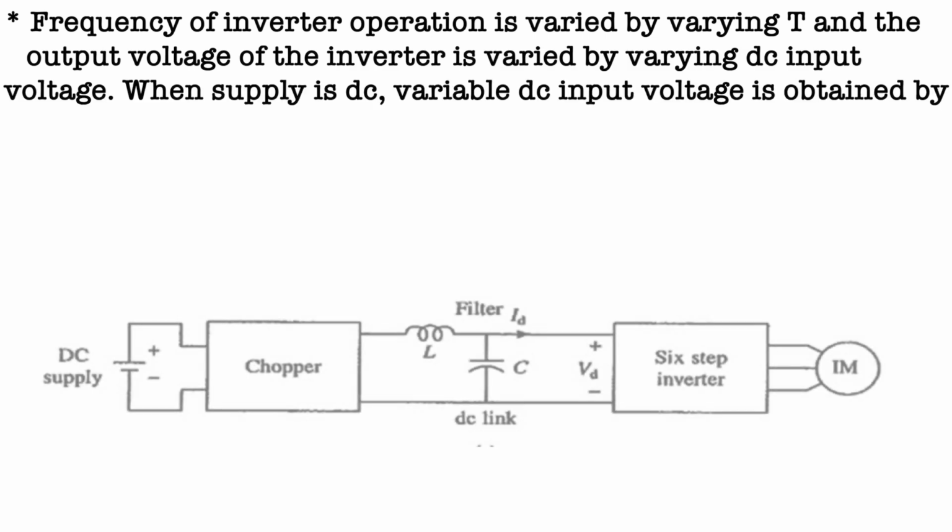Frequency of the inverter operation is varied by varying T, and the output voltage of the inverter is varied by varying the DC input voltage. When supply is DC, variable DC input voltage is obtained by connecting a chopper between DC supply and the inverter.